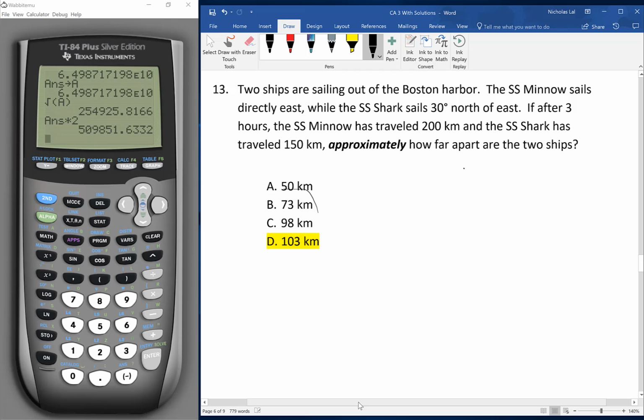So let's start at the center, okay? SS Minnow sails directly east, so we have the Minnow sailing directly east, and how far does Minnow go? 200 kilometers.